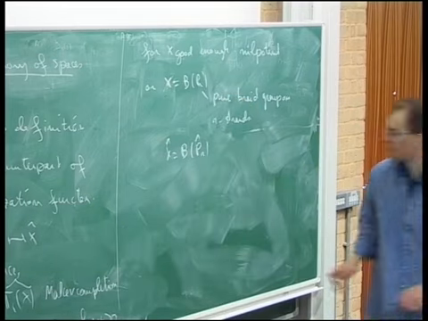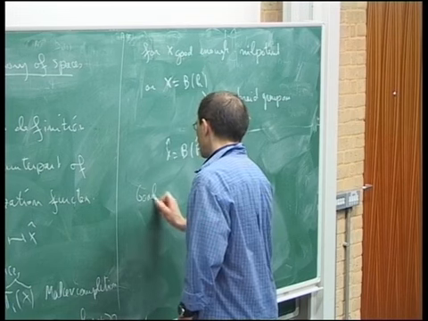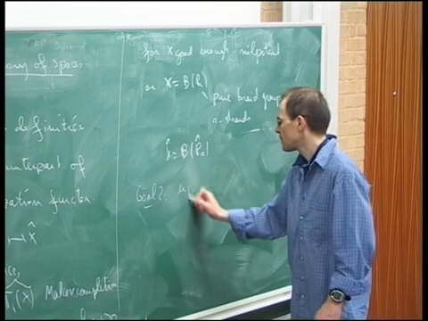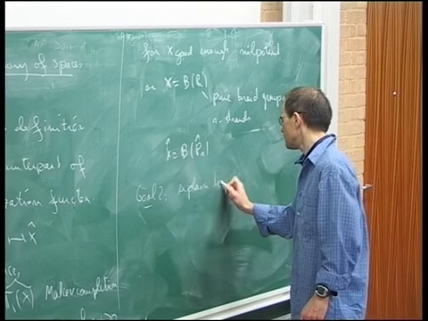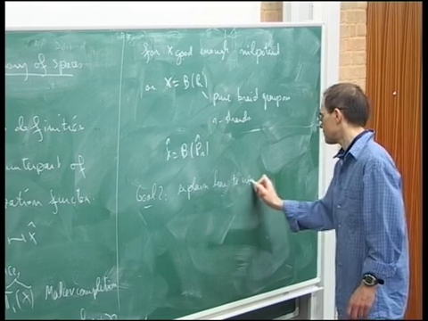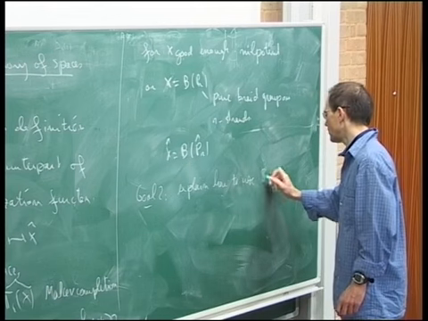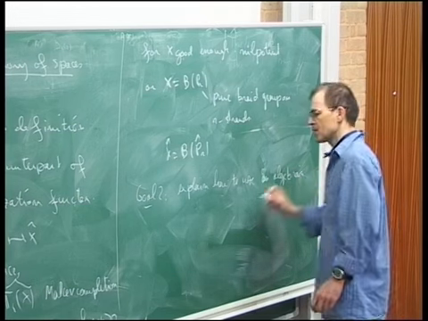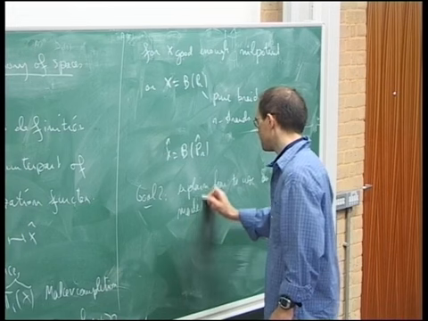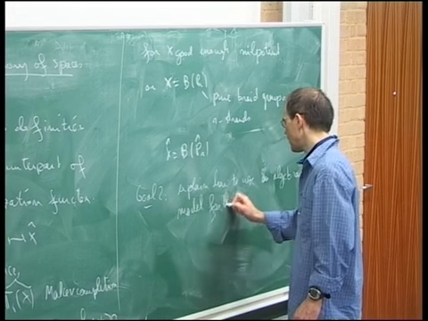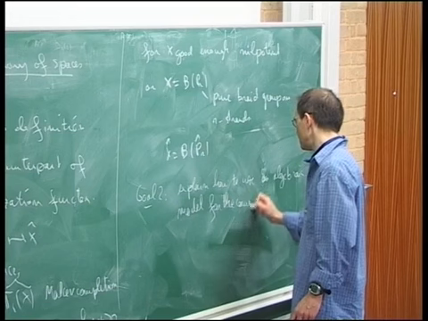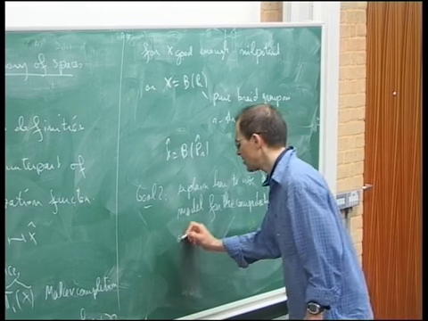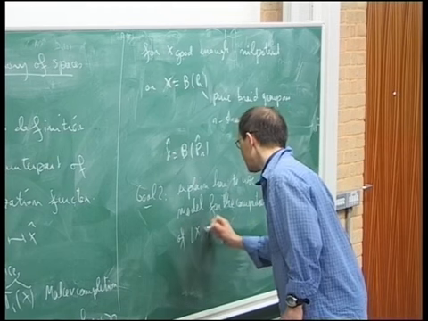Okay. And the second goal is to explain how to use a Sullivan model, an algebraic model, for the computation of homotopy classes of maps from X to such a completion.